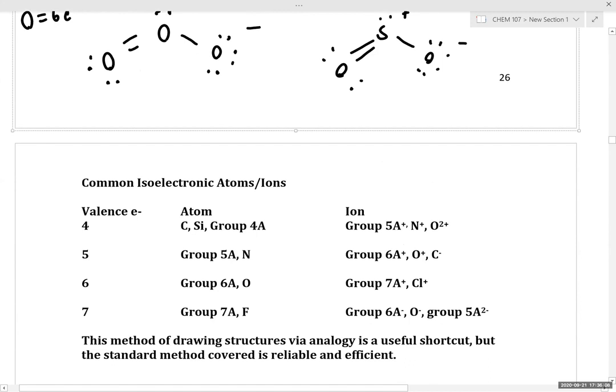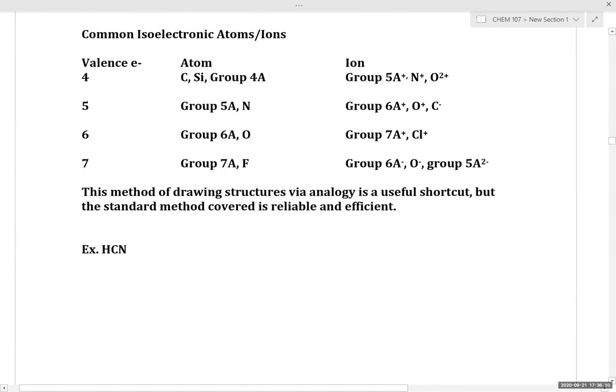So here's a table of some common numbers of valence electrons and their common isoelectronic atoms or ions. For valence electrons, we can look at group 5A cations and oxygen 2+ cations, or any neutral atom in group 4A. You can repeat this table for a variety of neutral atoms, cations, and anions.